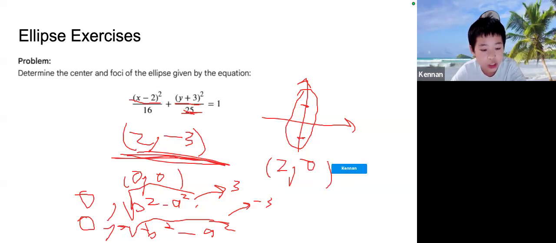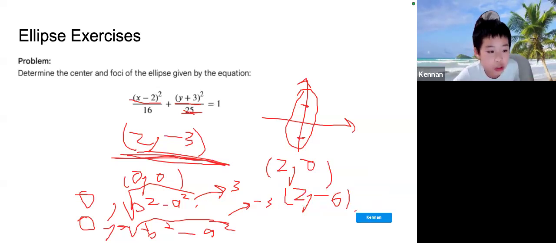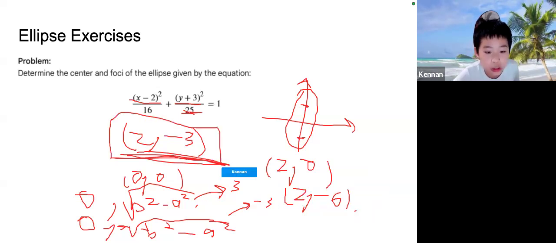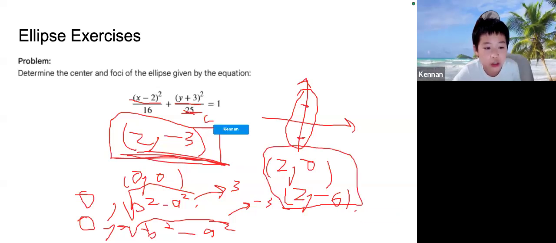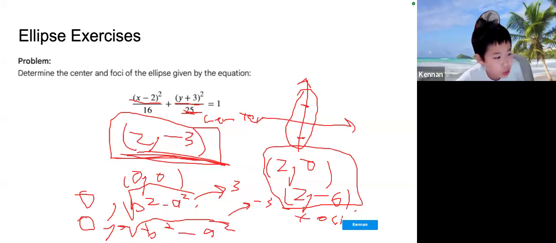Oh wait, this is 2, 0. Then this is 2, -6. And then I think we should be done. So this is the center and this is the foci.